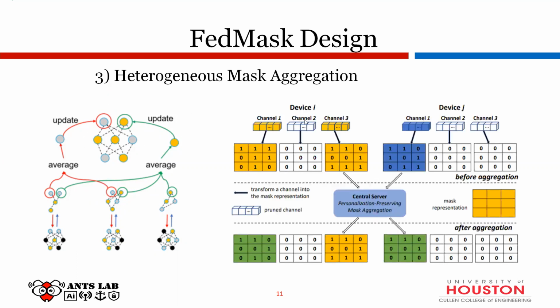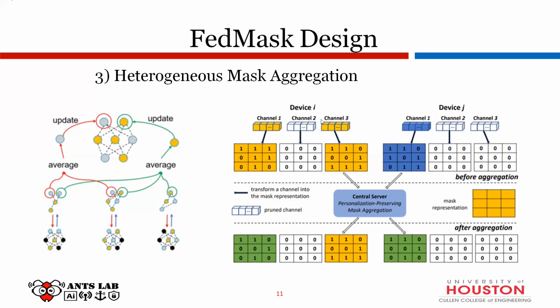To show a better demonstration of how it works, we have device I and device J. Device I has channel 1 and channel 3 with those unpruned masks, the yellow ones. And device J has only this mask here. What the server does is check whether the masks overlap with each other.